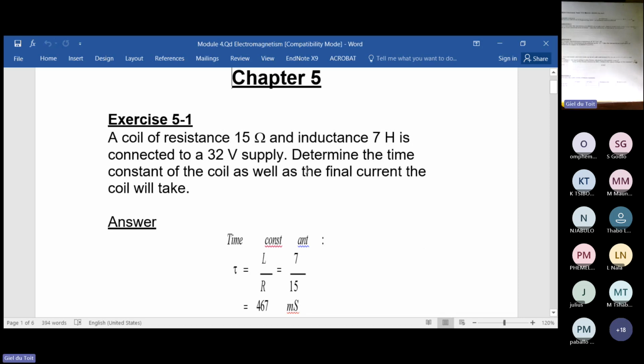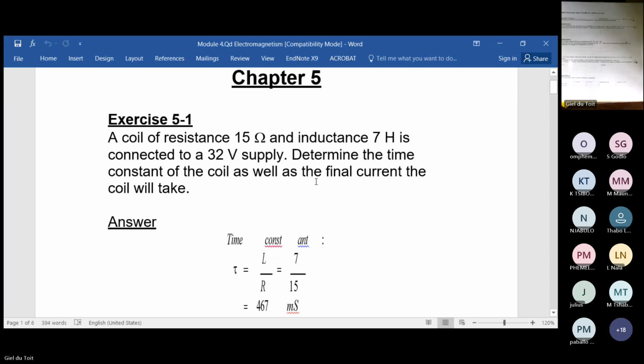Right. What is the final current? The final current is the voltage divided by the resistance. So we've got 32 volts and we've got 15 ohm. And 32 by 15 is 2 ampere.